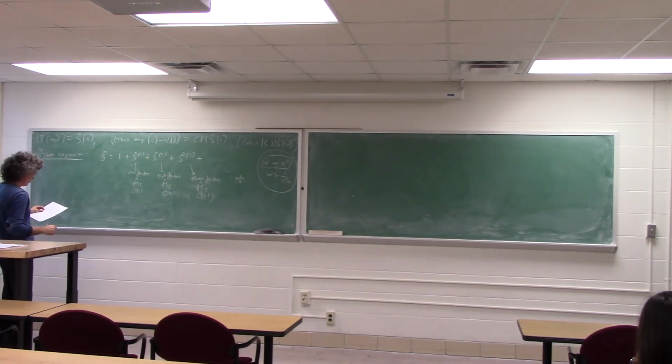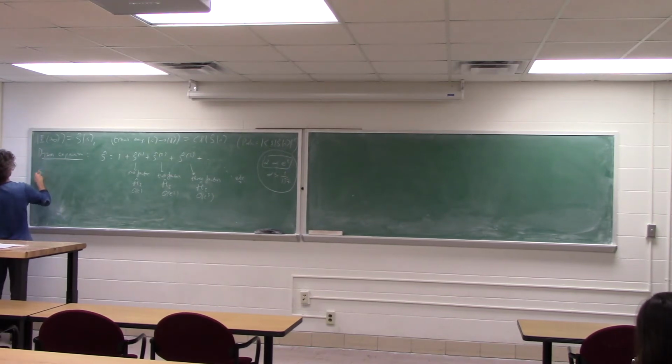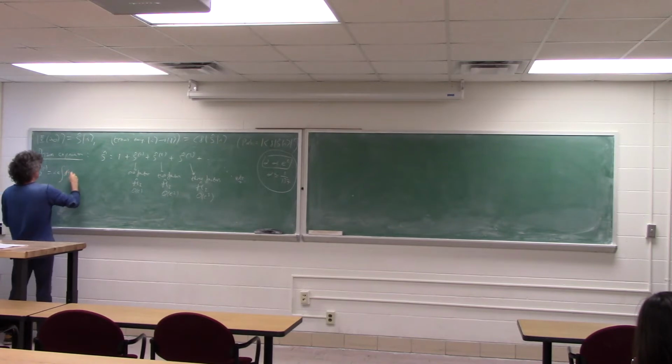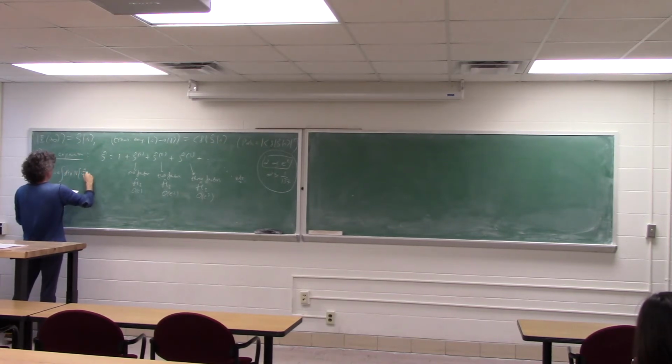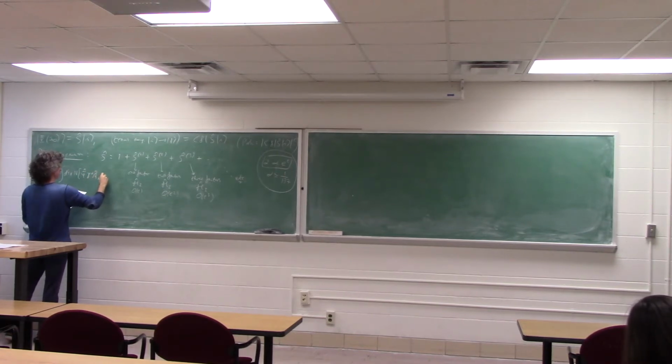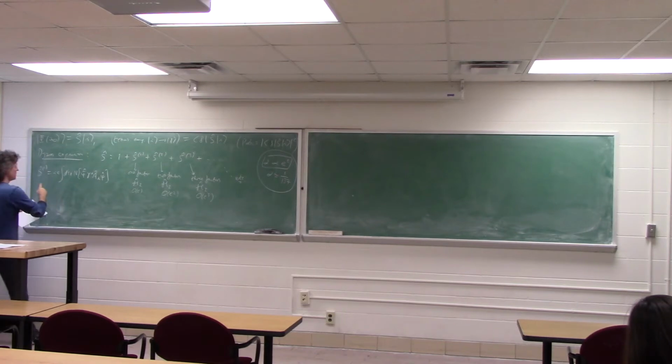Now we saw that S1, which is iE times the integral over space-time of the normal product of psi bar, gamma alpha, A alpha, psi, gives the basic vertex.